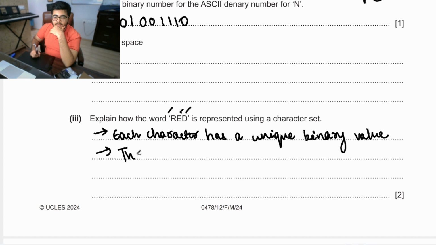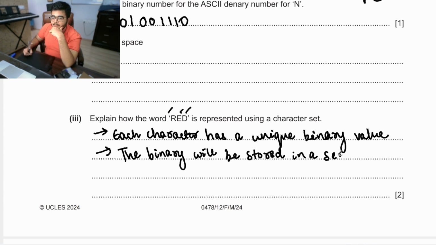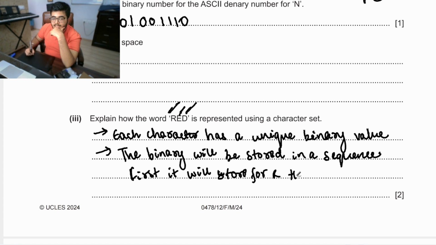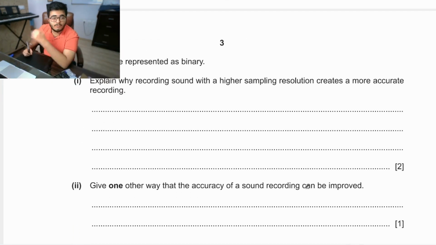So the binary values will be stored in a sequence. First it will store for R, then for E, then for D, right? Okay, moving on to the next question.